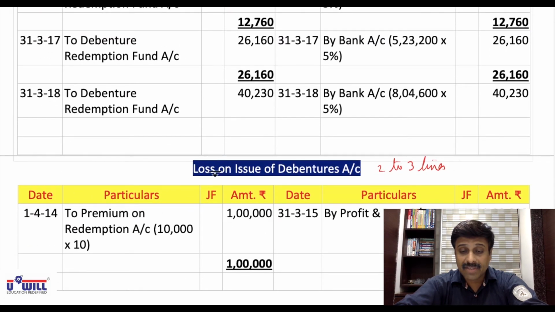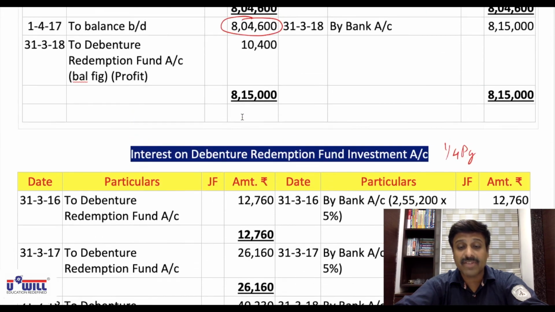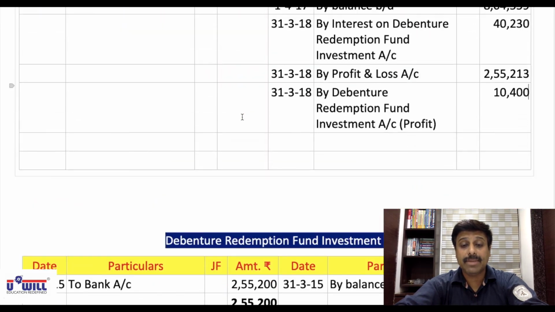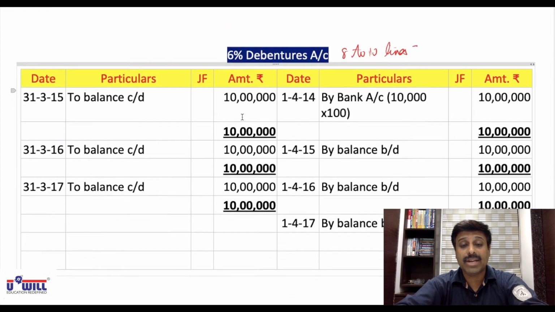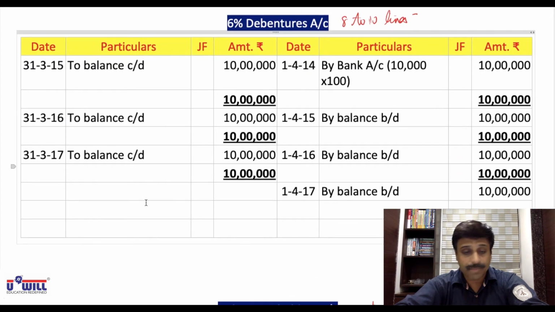Now, after investments are sold and transfer of profit is done, now we will redeem the debentures. So to redeem the debentures, debentures account debit, premium on redemption account debit to debenture holders account. Debentures account debit, so first on debentures account debit side, they are redeemable at premium, okay.